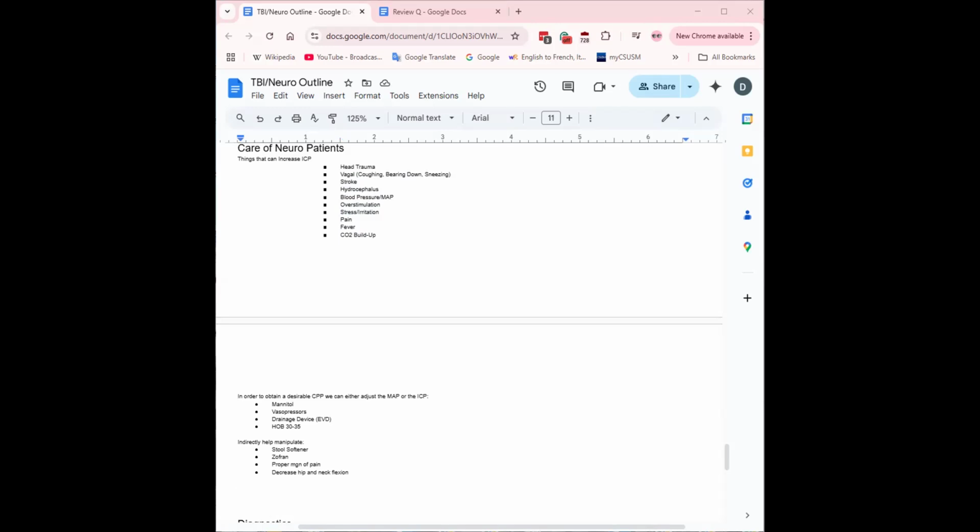I'm not sure if it's D50 exactly, but you give a little bit of sugar and decrease the insulin. I think that was actually a question I had down. That was kind of like the process. The mannitol can help, but the idea would be a little bit of sugar to try to fix the osmolarity of it, and then decrease the insulin infusing to try to decrease the shift.